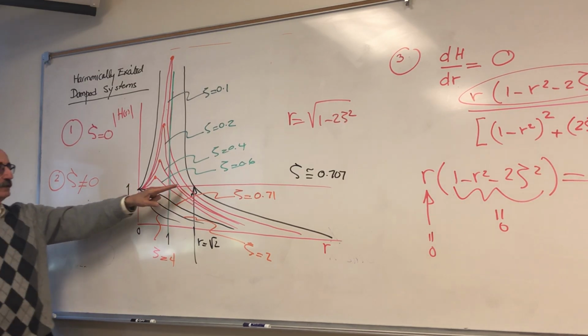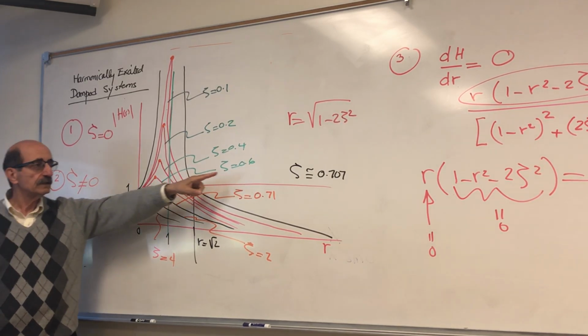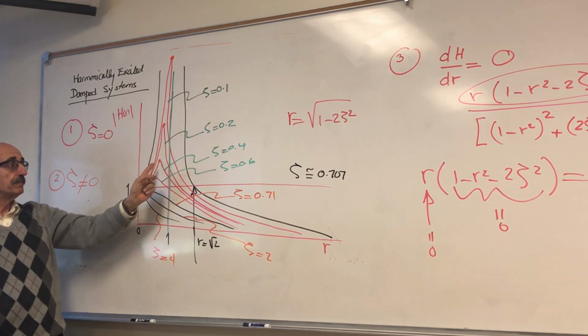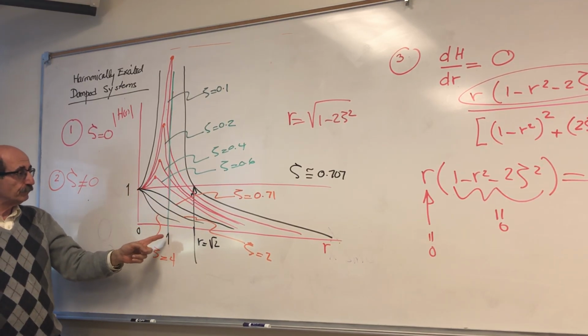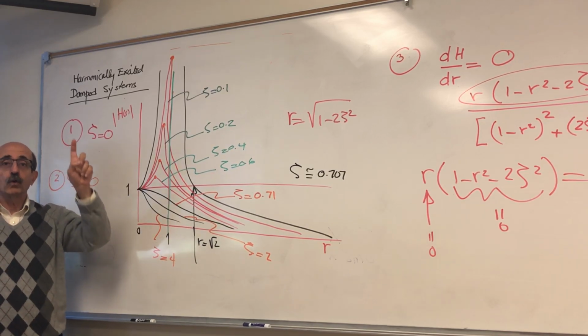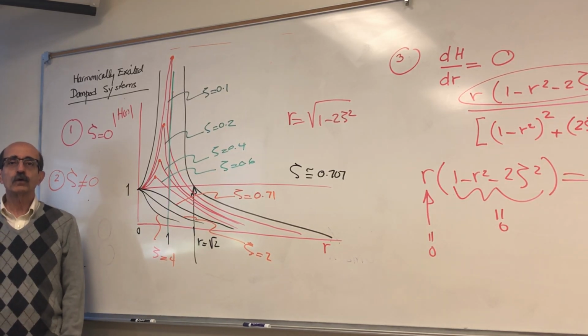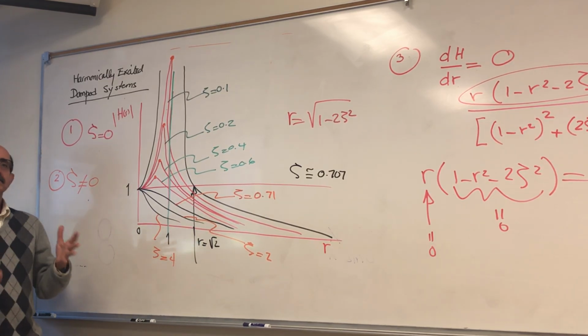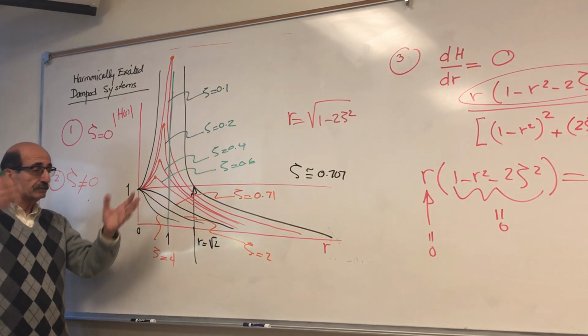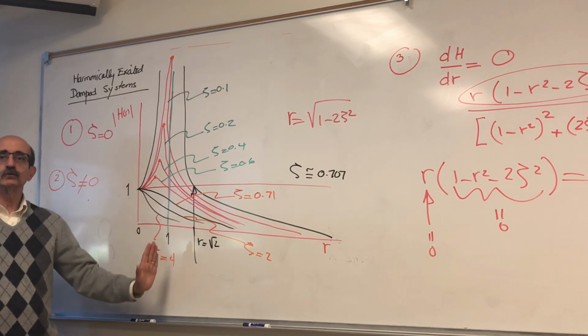And for those damping ratios smaller than 0.707, the maximum value always occurs before the quote-unquote resonance, before R equal to 1. In the undamped case, the maximum displacement, which was unbounded, occurred at R equal to 1.